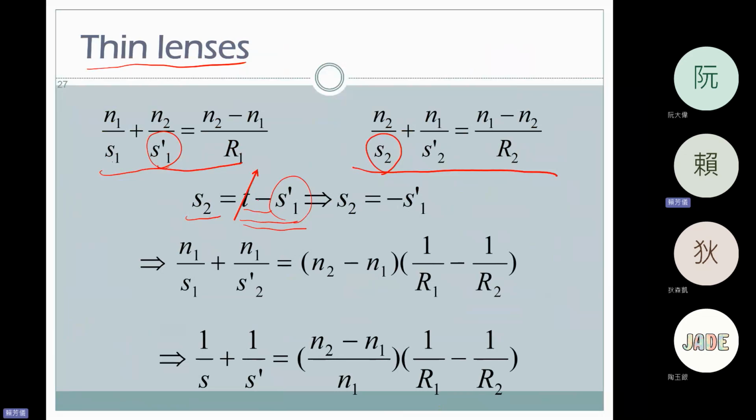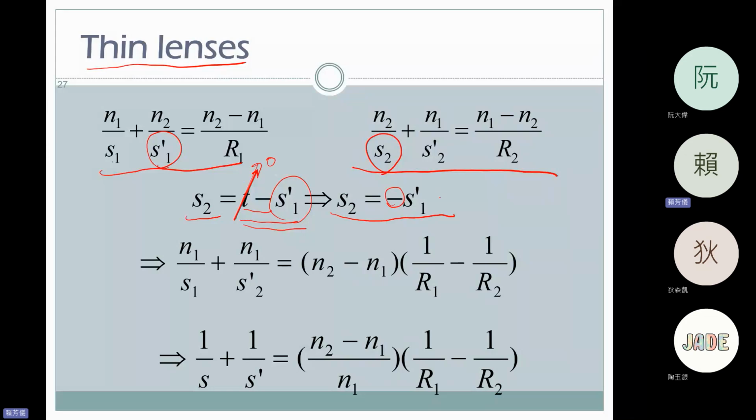Okay, because we want to calculate the thin lens, the thickness T we can neglect, equal to 0. So we get that S2, the object of the second surface, will equal the image of the first surface, and you should know that we have a negative sign here.